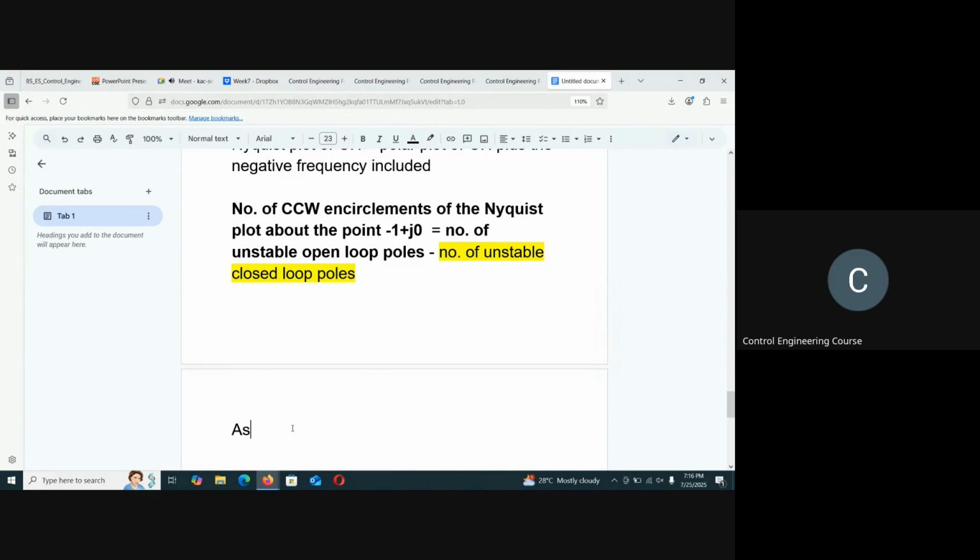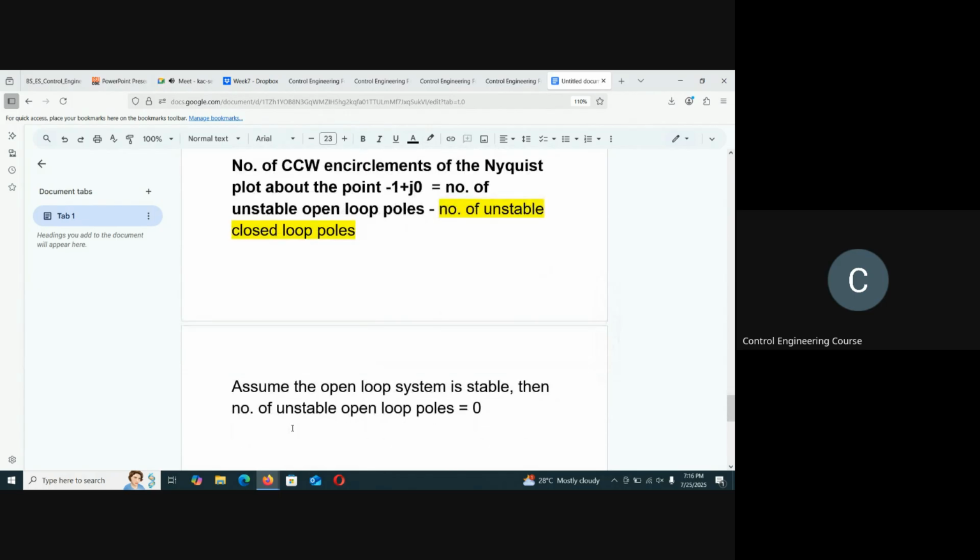Now assume the open loop system is stable, just for a moment. Then the number of unstable open loop poles is 0, right? So what is the condition for stability? For stability, this yellow part has to be 0.